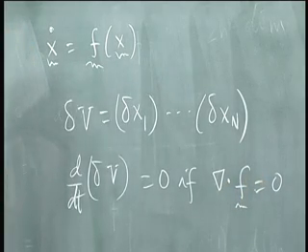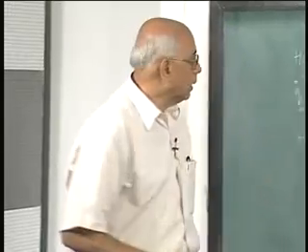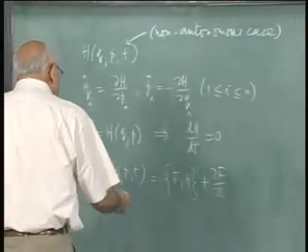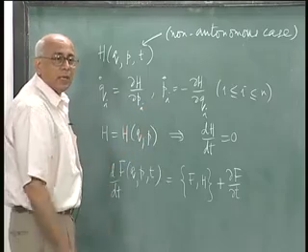If del dot f was 0 in phase space in the capital N variables. Let us ask if that is really true here. Let us look at autonomous Hamiltonians first and ask, is this true?